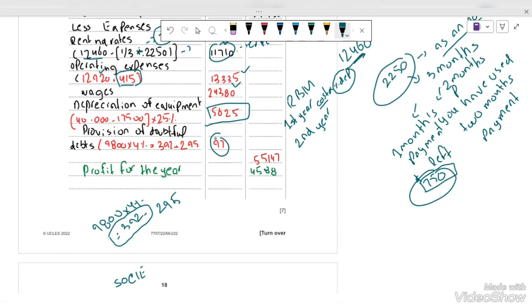But if it is not increased, it means it is income for you, and it will come under the other income section. Unfortunately, this has increased this year, so I have to put this amount in the expenses section. After that, you will have to deduct expenses from the gross profit. So you have profit for the year, which is 4,588.